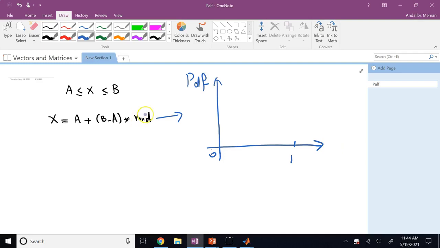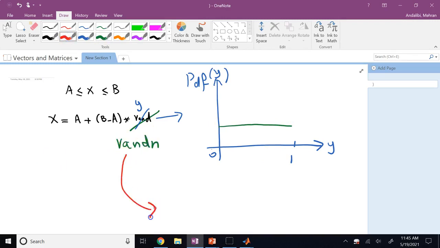So if I call this random number y, then the PDF of y is going to be uniform. You have the same chance between 0 to 1 for every number you choose. But if you use, instead of rand, randn, then they come from a normal distribution.